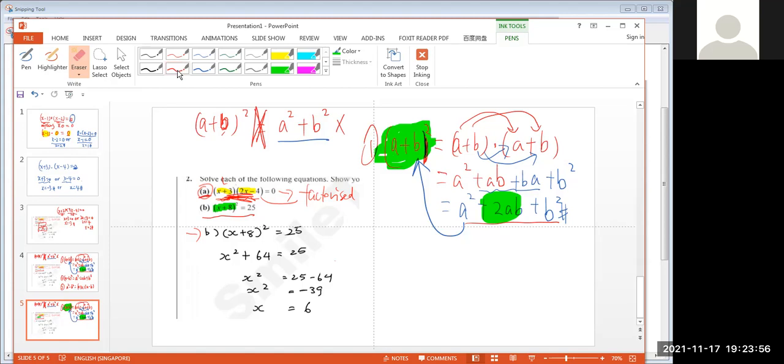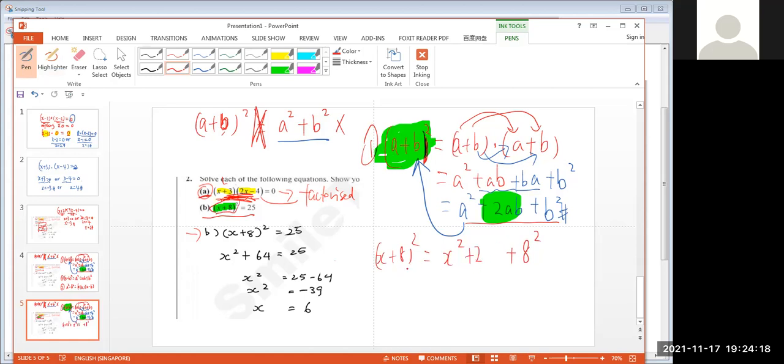So what I'm going to do is expand this. If I expand this, I just need to follow the formula here. I'm going to get a squared. My a is x here, so it's x squared. My b is 8 here, so I'm going to get 8 squared. And then I'm going to have plus 2ab.